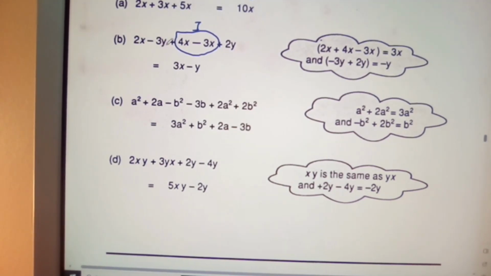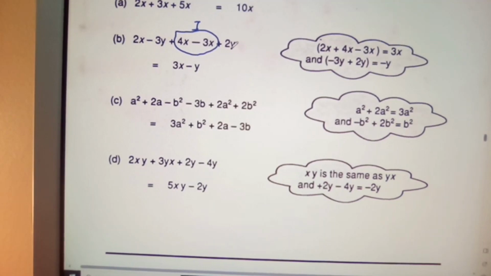Minus 3y plus 2y will leave me minus 1y or minus y.